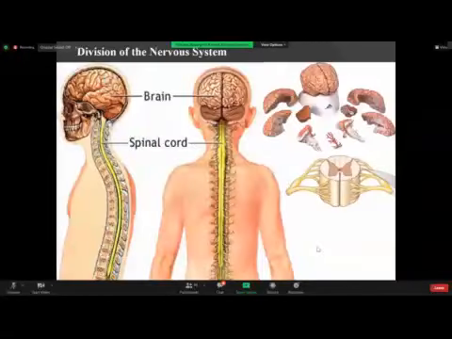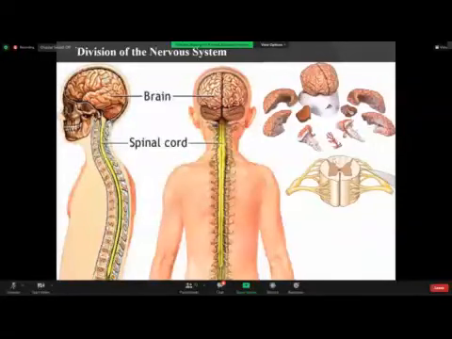So to divide the nervous system, we have the brain over here, which can be divided into a number of different segments. We'll go into the details of what the segments are and what their roles are, then the brain stem over there, and finally the spinal cord that you see.